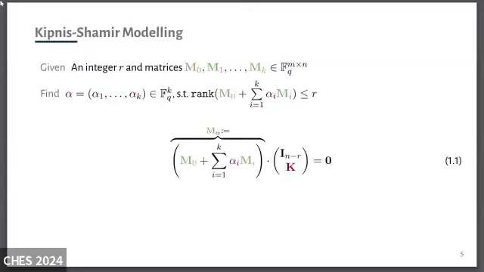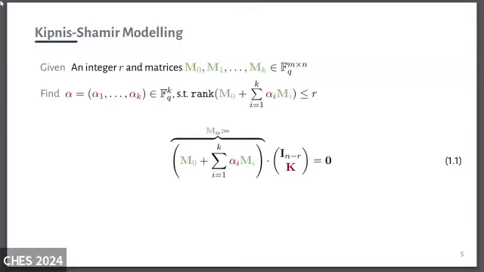But in this talk, I will use a slightly different modeling of this problem, namely the Kipnis-Shamir modeling. And you see I renamed this big linear combination of all these matrices to M alpha. For easier reading, I colored all public information green and all secret information, or information we want to attack, red.